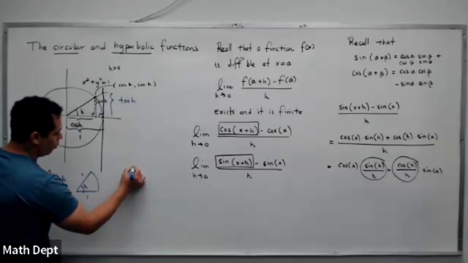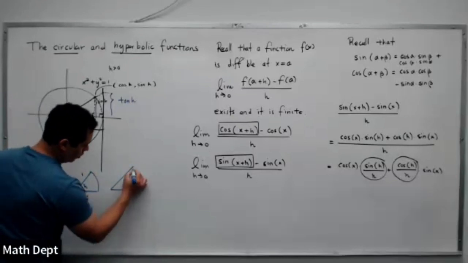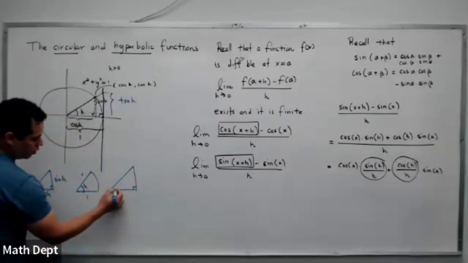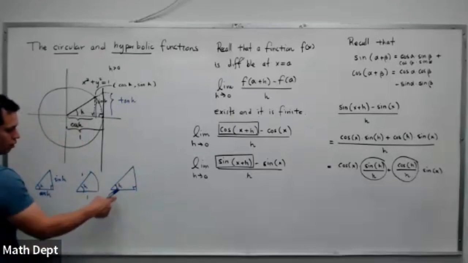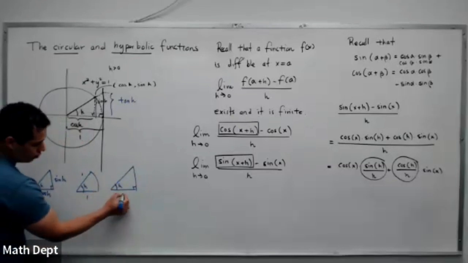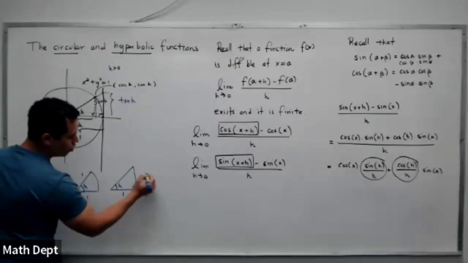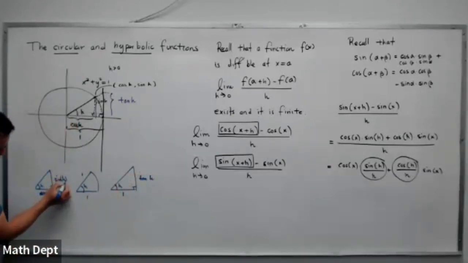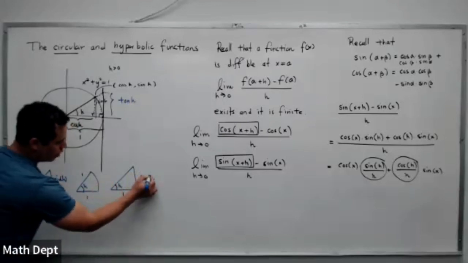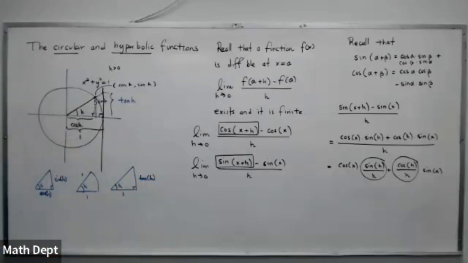And we have another triangle, a little bigger, with angle h, side 1, height tangent of h. I'm going to use parentheses just to indicate that we think of this as a function. Then we'll make a comparison. I'll take the area.